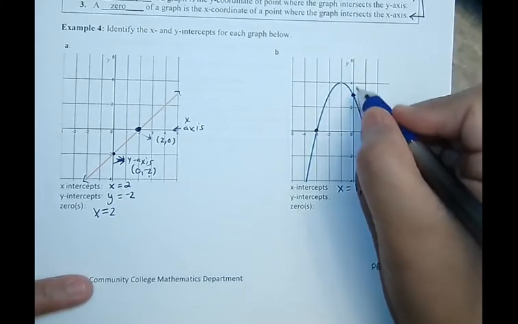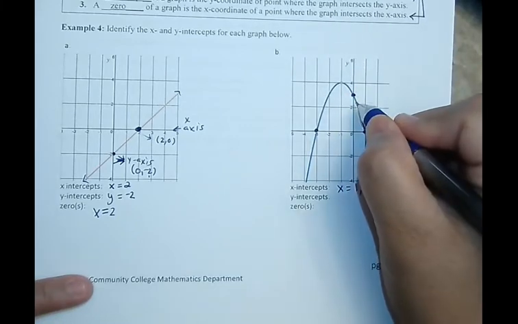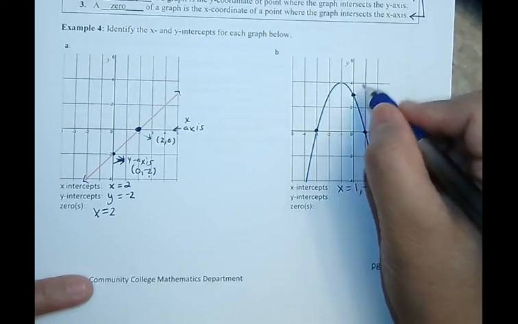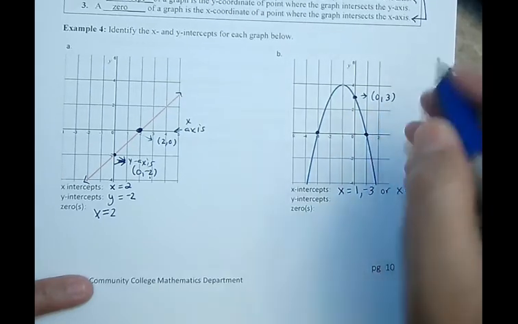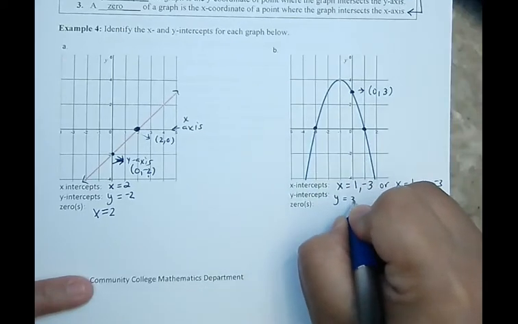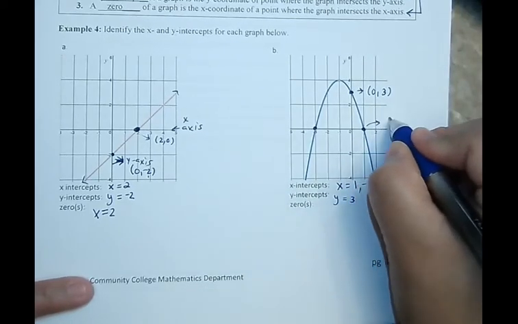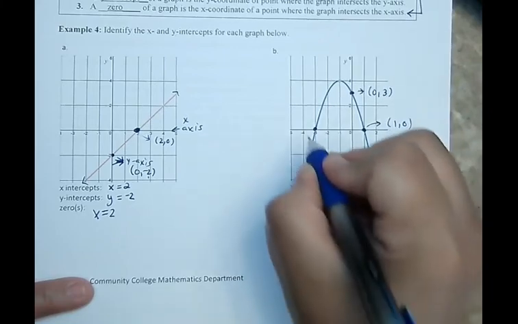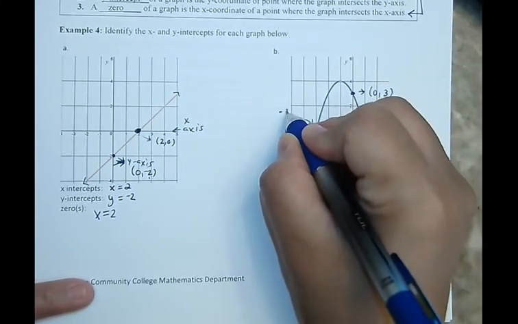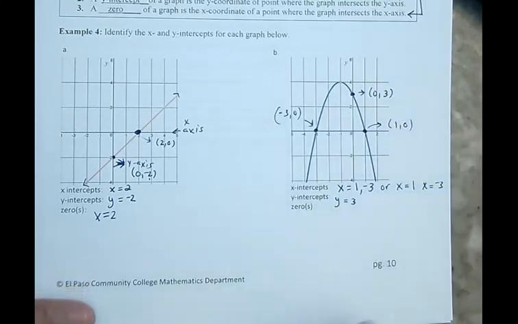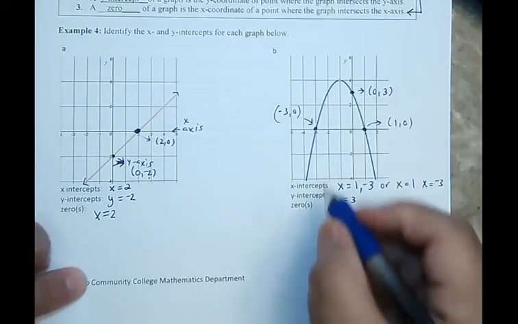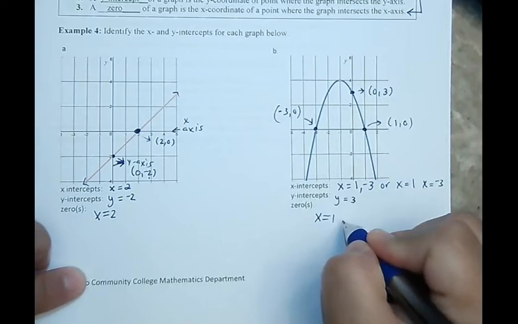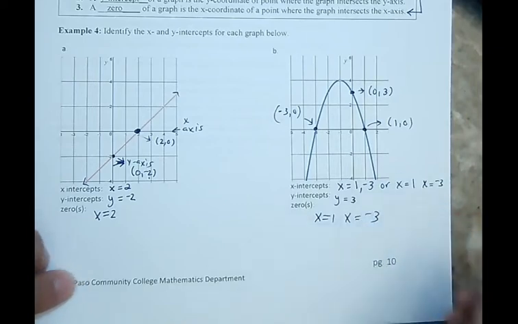Notice that's where it crosses the y-axis. And so this point here is (0, 3). So my y-intercept is y equals 3. This point was (1, 0). And this point was (-3, 0). So my zeros are the same as my x-intercepts. So that's going to be x equals 1 and x equals -3.